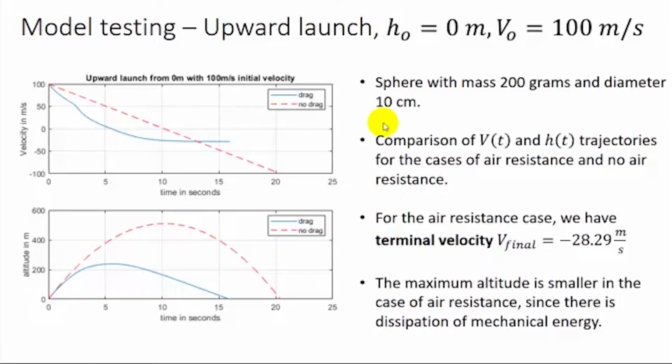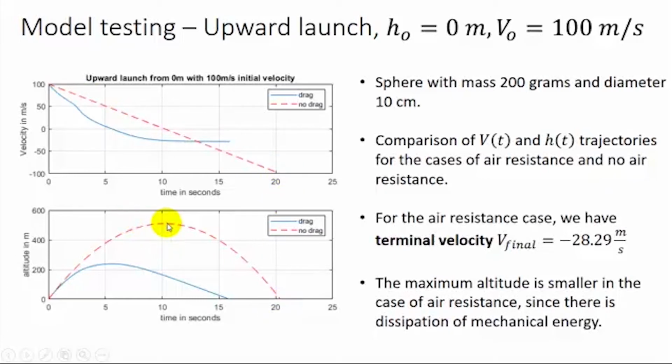This slide presents in more detail the velocity and altitude as functions of time for the upward launch experiment. In both cases, we have that for the case of aerodynamic resistance, the ball reaches the ground in a much shorter time, simply because there is a lot of dissipation of energy during the upward phase, while for the case of no aerodynamic resistance, the ball takes longer to reach the ground.